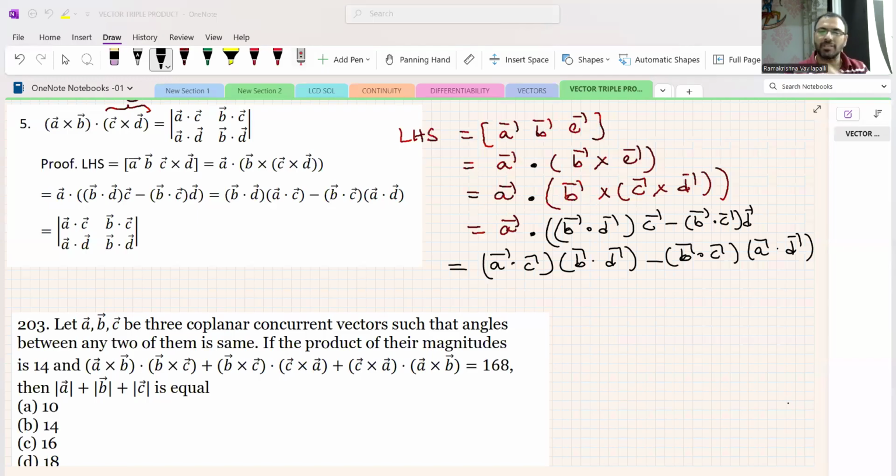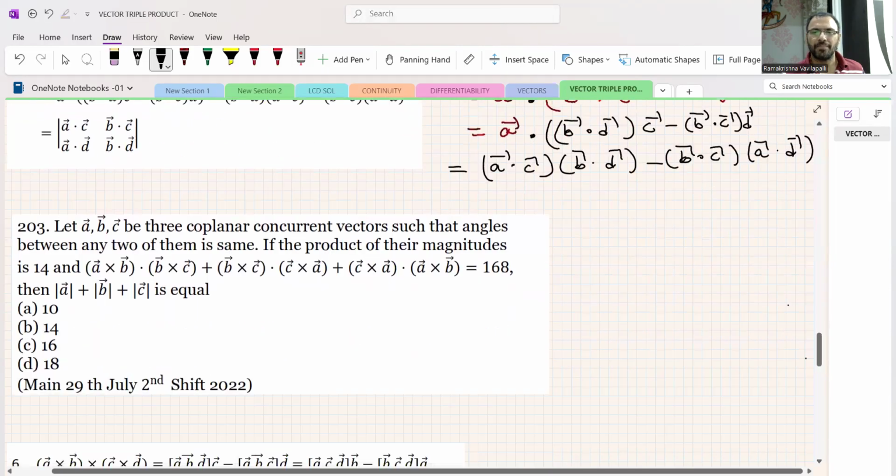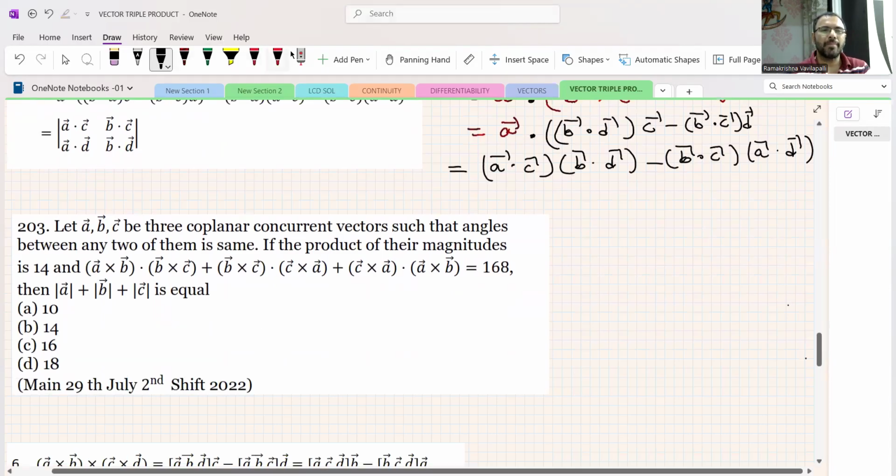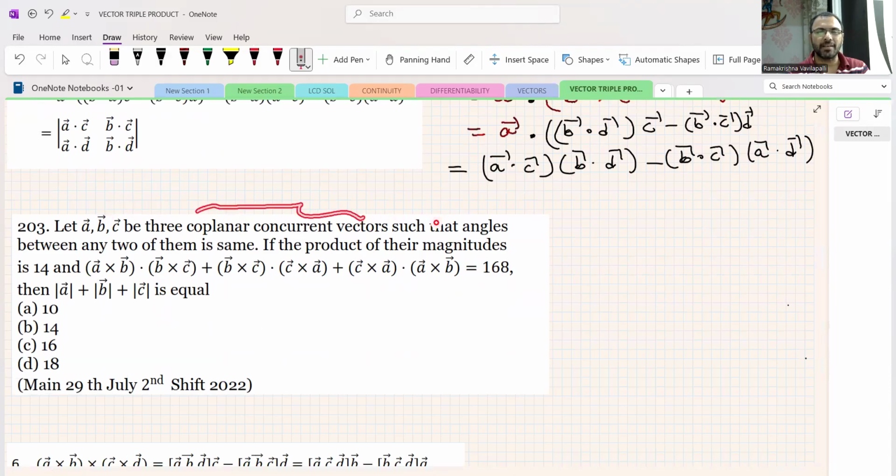Well, here is a question based on that particular concept, asked in previous JEE Mains. Let A bar, B bar, C bar be three coplanar concurrent vectors such that the angle between any two of them is the same.